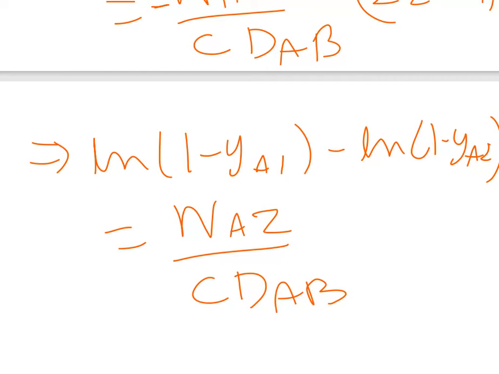Z2 minus Z1 is the diffusion path. Usually we represent it with this capital Z, that is Z2 minus Z1.